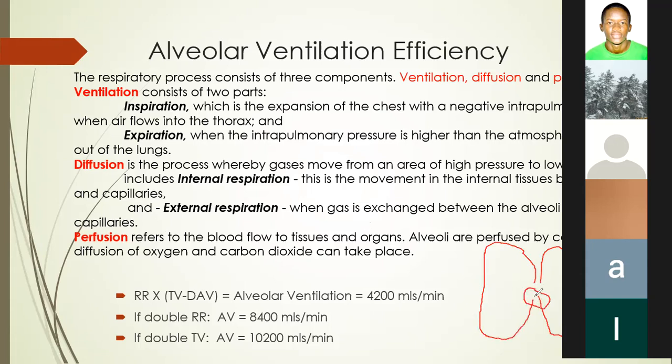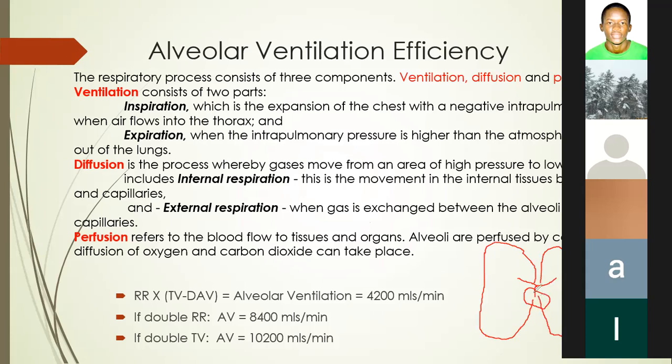So we have the heart here, and through the pulmonary artery, it will go into the left and the right lung. The amount of blood that is pumped out with every heartbeat, we call that the stroke volume.